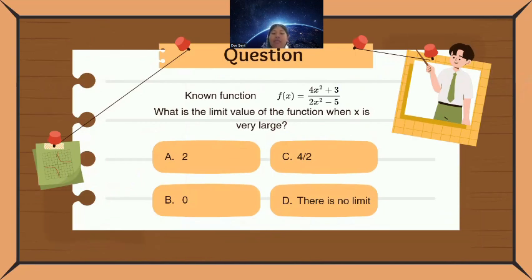The question is, what is the limit of the function when x becomes very large? Since the numerator and denominator have the same degree, we compare the leading coefficients. The leading coefficient of the numerator is 4, while the denominator is 2. So, the answer is 4 divided by 2.